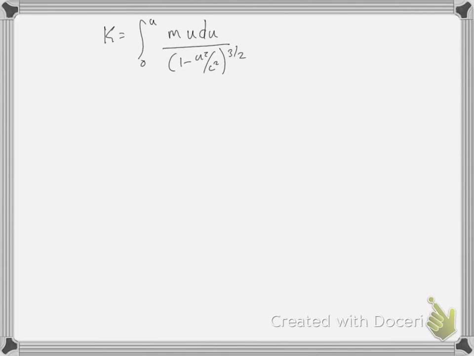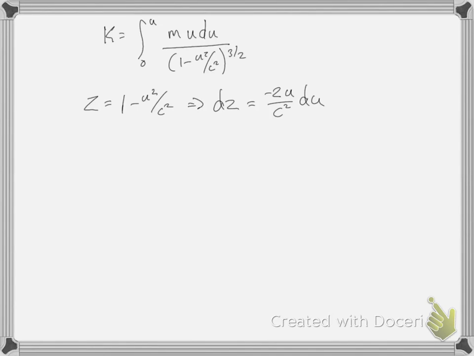Let's call an arbitrary variable z and say that z is 1 minus u squared over c squared. If that is z, then dz is minus 2u over c squared du.